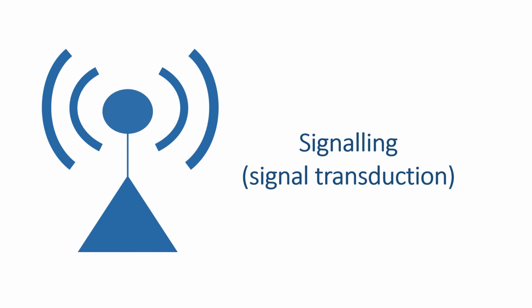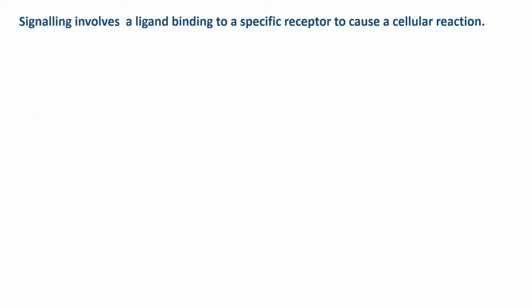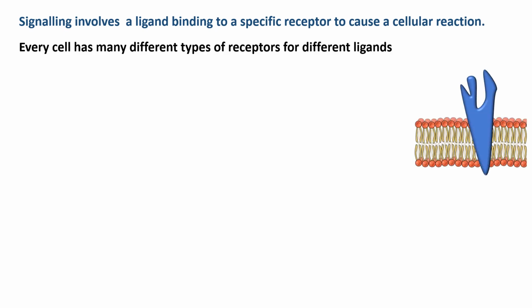So that was transport as the functions of plasma membrane proteins, which brings us on to signaling. Signaling involves a ligand binding to a specific receptor to cause a cellular reaction. Every cell has many different types of receptors for different ligands.